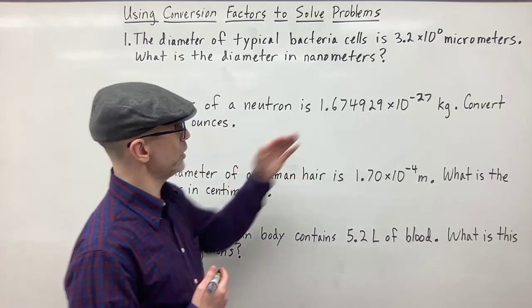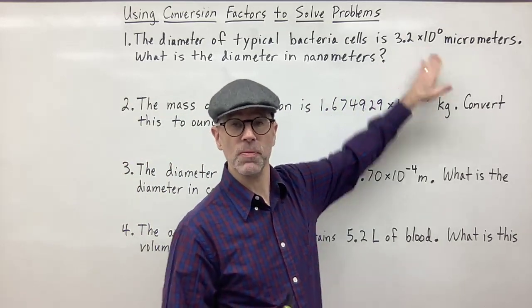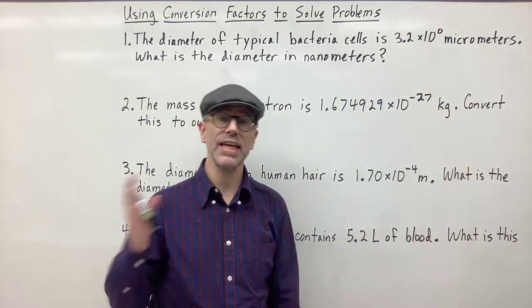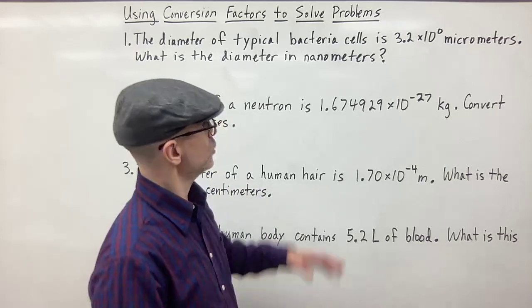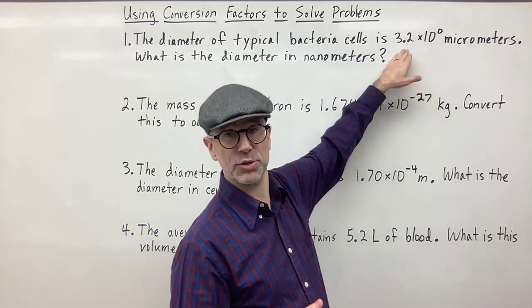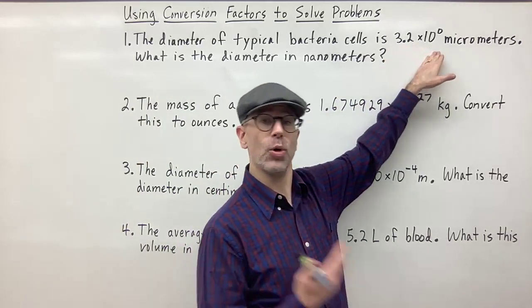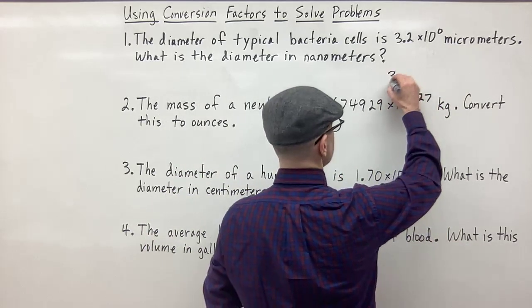The reason is, what is 10 to the 0? 10 to the 0, or any number to the 0 power, is equal to 1. So 3.2 times 10 to the 0 is the same as 3.2 times 1, which is 3.2.